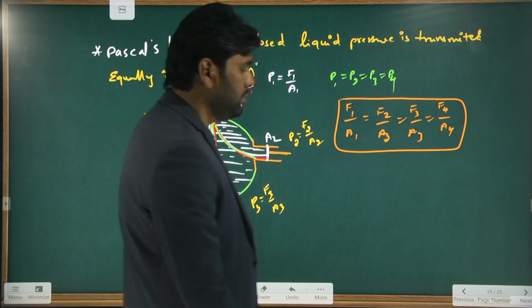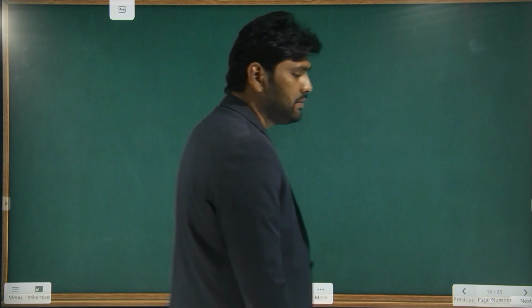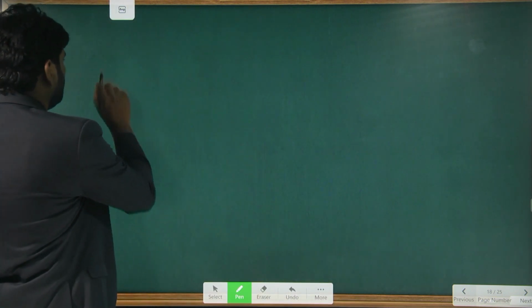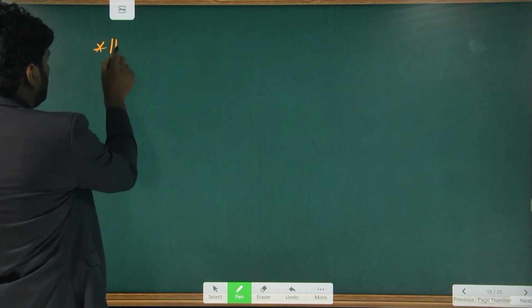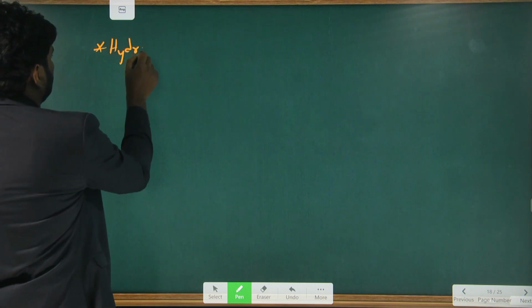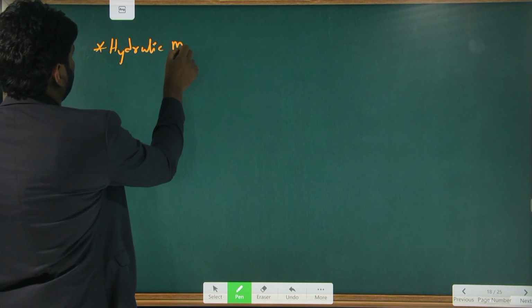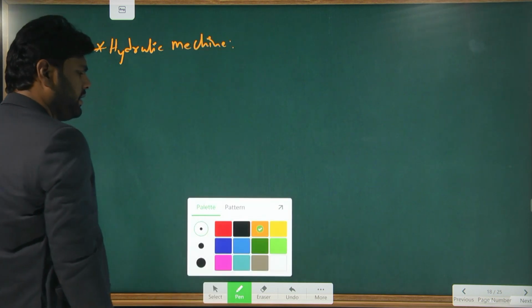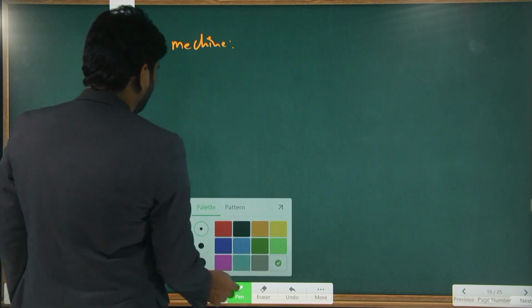Let us see by using the structure, the construction of the hydraulic machine. So in the hydraulic machine, first write down hydraulic machine. Even hydraulic brakes work on the same principle.